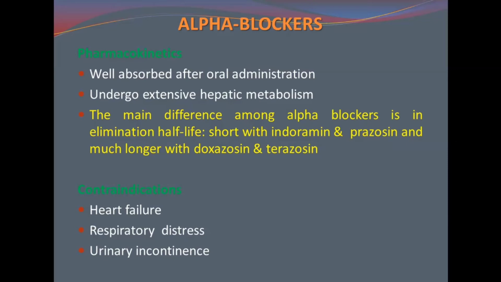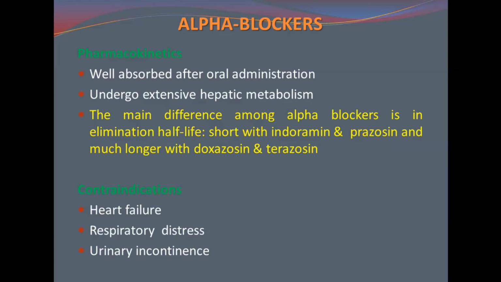These drugs are well absorbed orally and undergo extensive hepatic metabolism. The main difference among these alpha blockers is in elimination half-life. Prazosin and indoramin show short half-life, while doxazosin and terazosin show longer half-life.